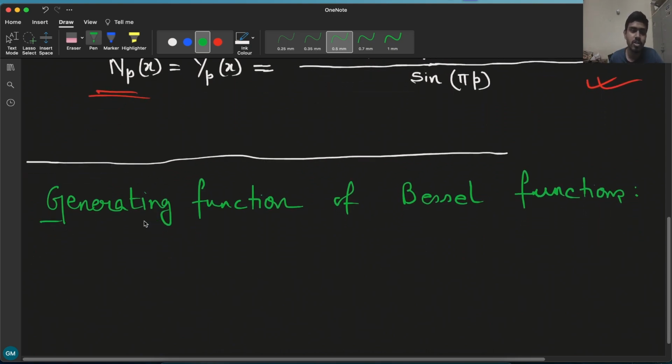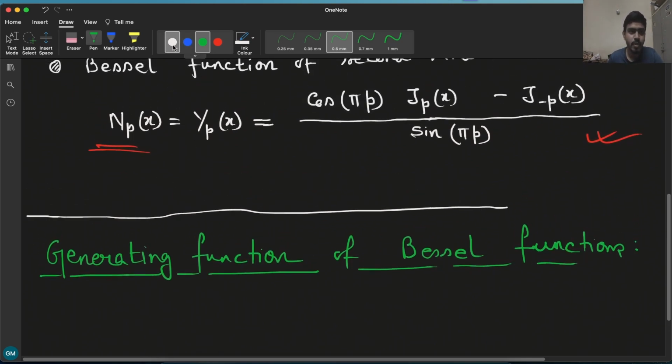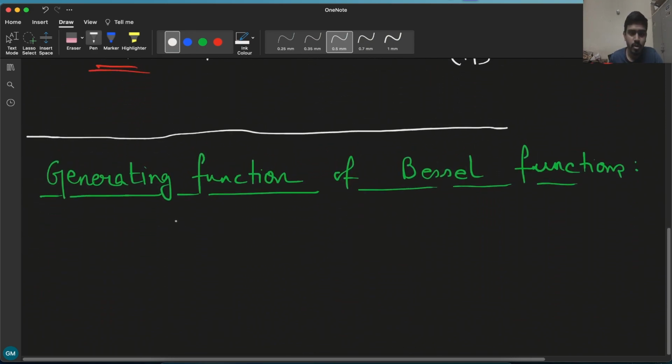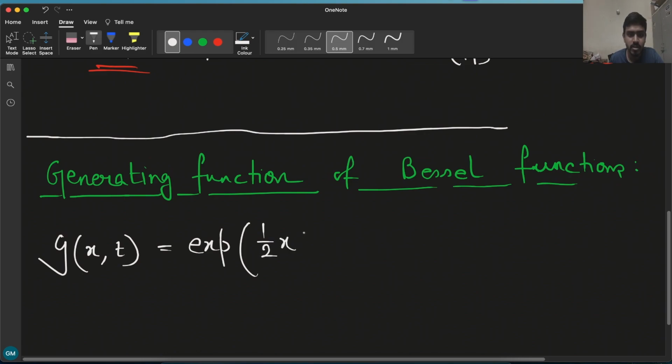In the case of Legendre functions also, we have introduced the generating function. Similarly, for Bessel functions, this generating function, which is a function of x and t, let's call it g, is given as exponential of x by 2 times t minus 1 by t, and it will generate the Bessel functions in the power series of t to the power n.